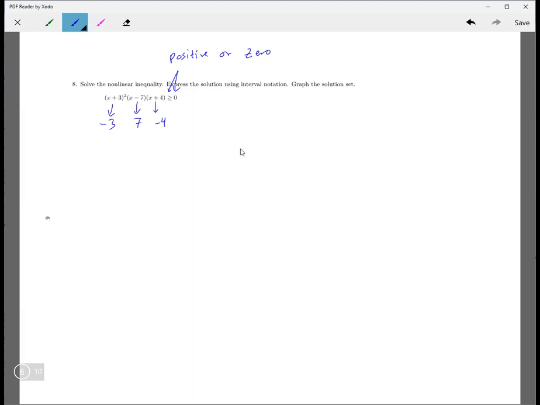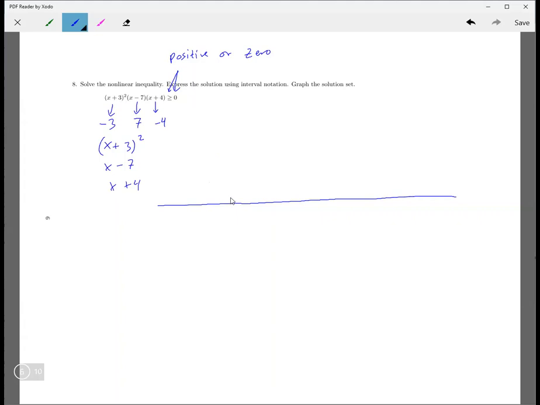So with these 3 numbers here, I'm going to put those on the number line, but I'm going to put down the expressions first: x plus 3 squared, x minus 7, and x plus 4. And this makes up this whole product right here.